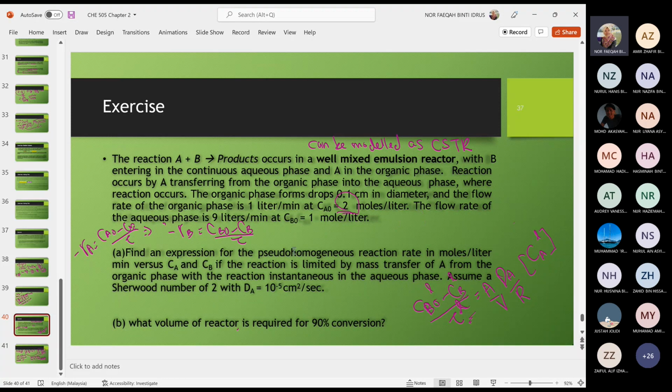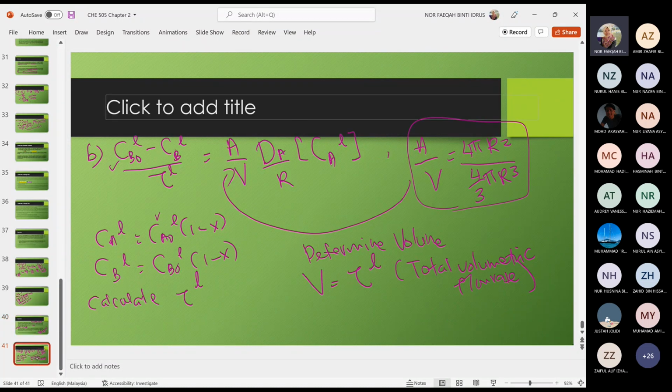The flow rate of aqueous phase 9 liter per minute. Flow rate of organic phase 1 liter per minute. So you mesti akan fikir which one. So kalau total volumetric flow rate 9 plus 1 for both. Okay. So total volumetric flow rate tau L multiply with VA naught plus VB naught.